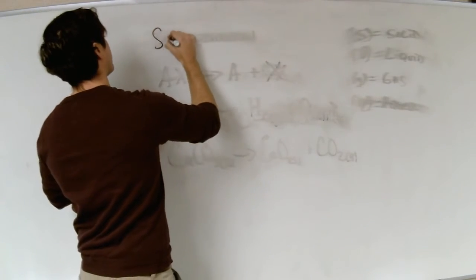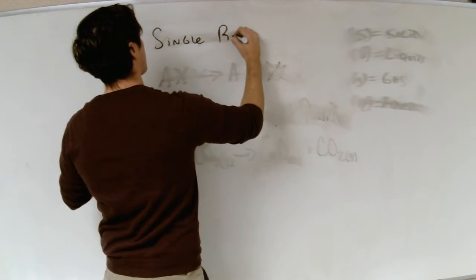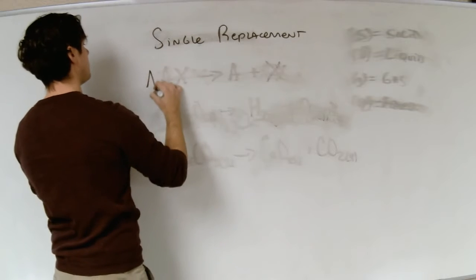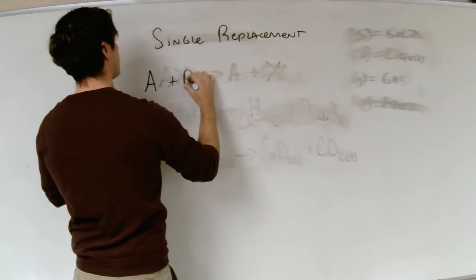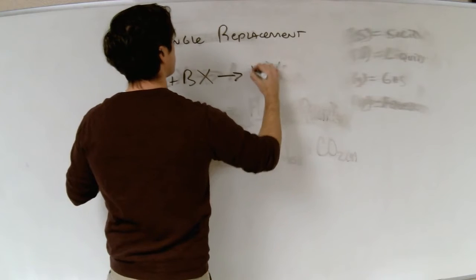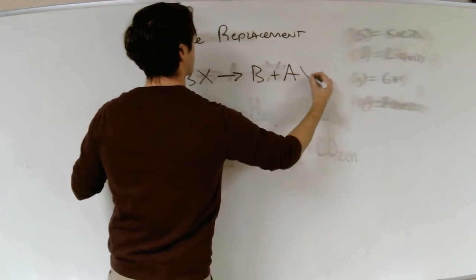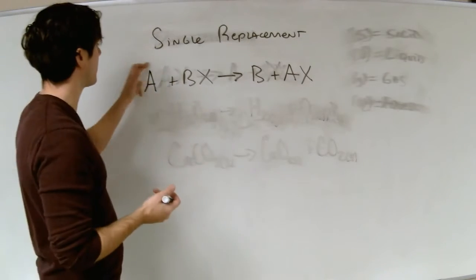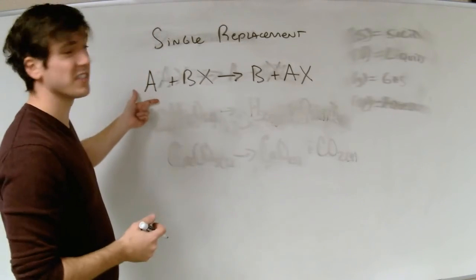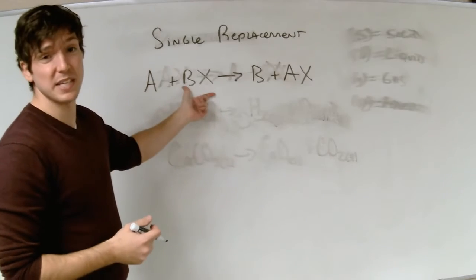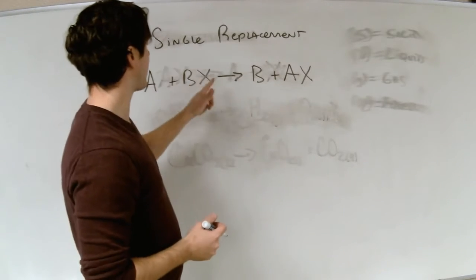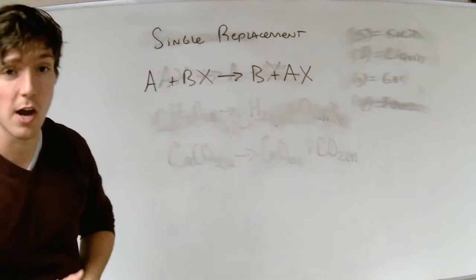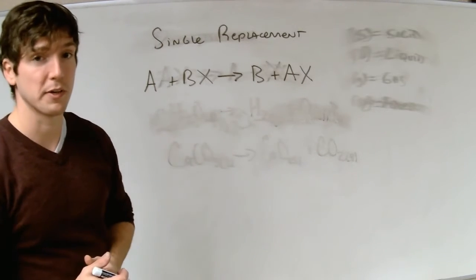So single replacement is going to be some form of A plus BX equals B plus AX. And all it is, is that one element is going to come in and kick out another. As you can see, A was by itself, B and X were together. Well, A decided to swap places with B, and now B is by itself, and AX are now together.